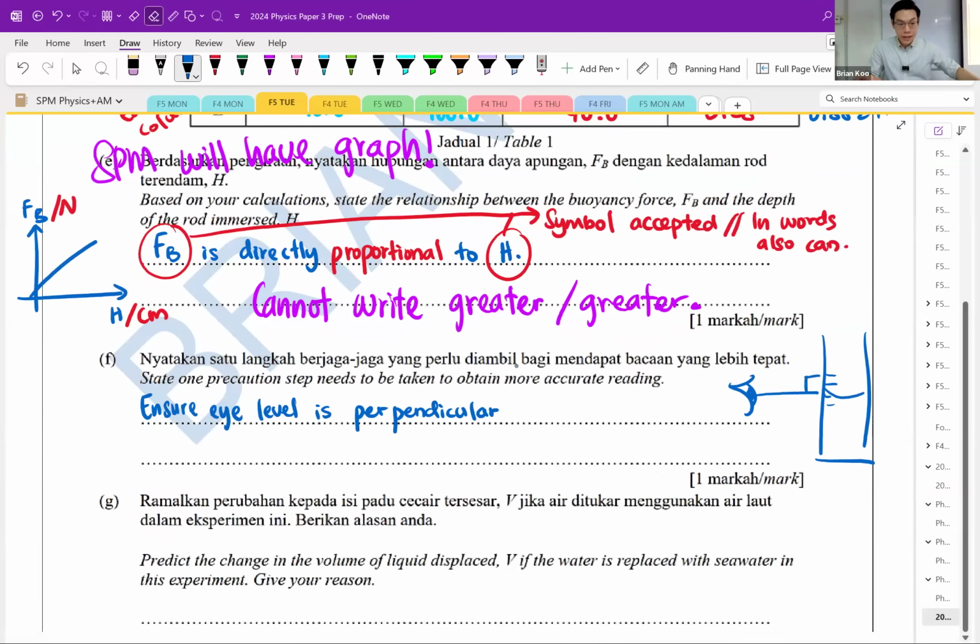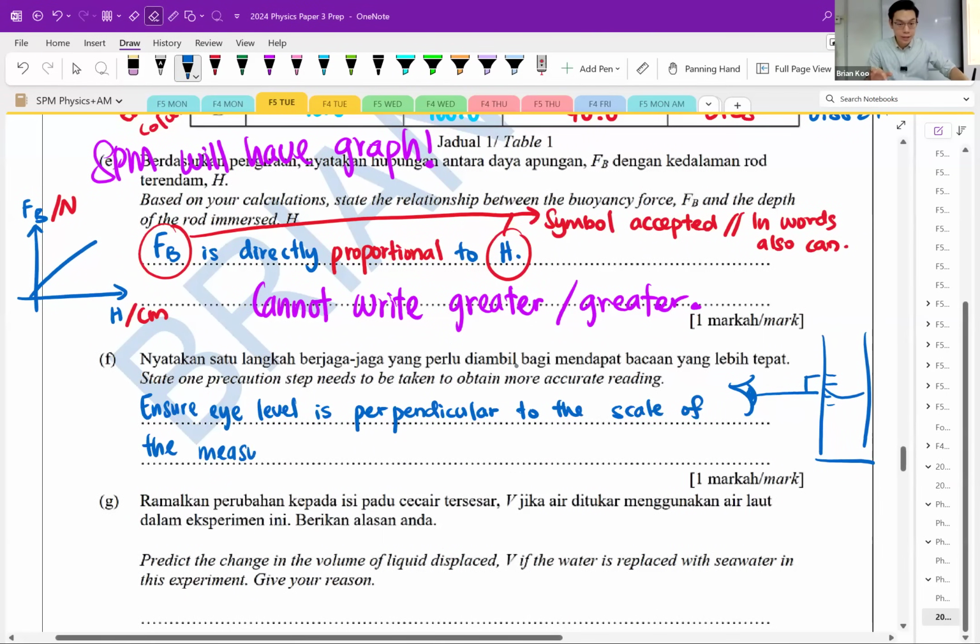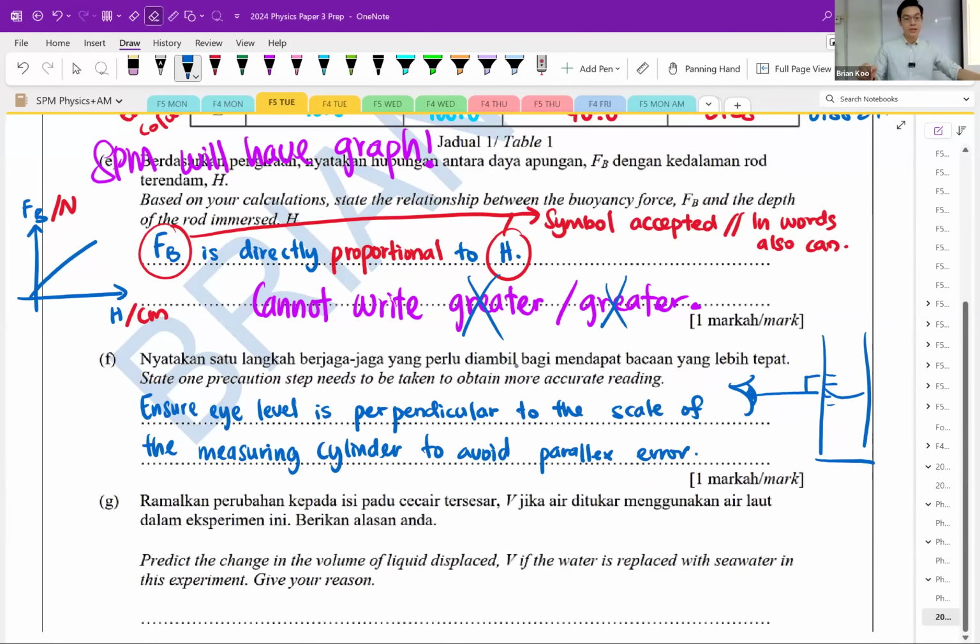Yeah, it's perpendicular to the scale of the measuring cylinder. Yeah, to avoid parallax error, correct. Yes, Joseph? Need to write what? Ensure eye level is perpendicular to the scale.